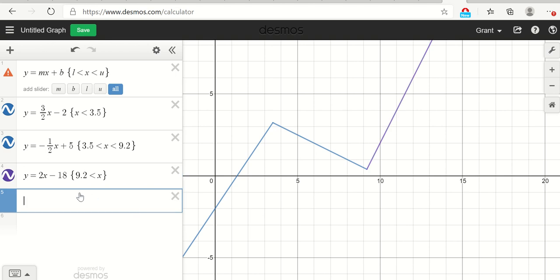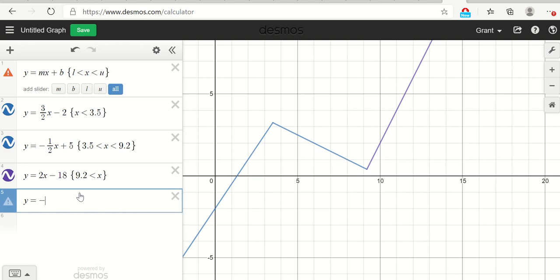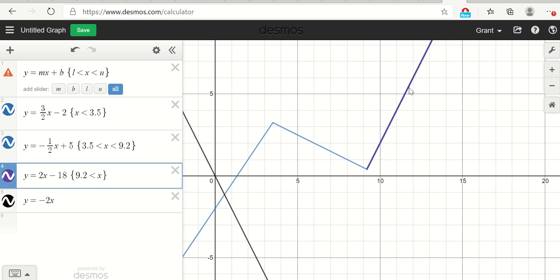So let's add maybe something like y equals 1/4 times, no, that's not a good enough slope. And I'm probably going to want a negative slope. So negative 2x. Let's say we want that as our line. And let's say I want this black line to intersect through this purple line. So if I want this black line to intersect through this purple line, what I can do is shift it up, right?